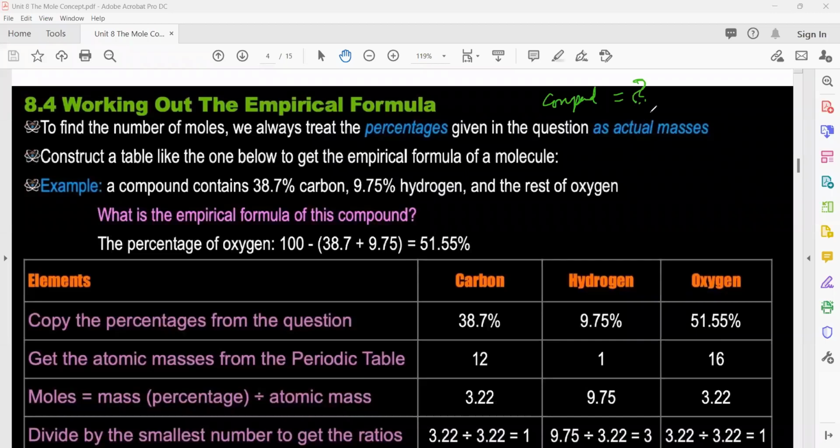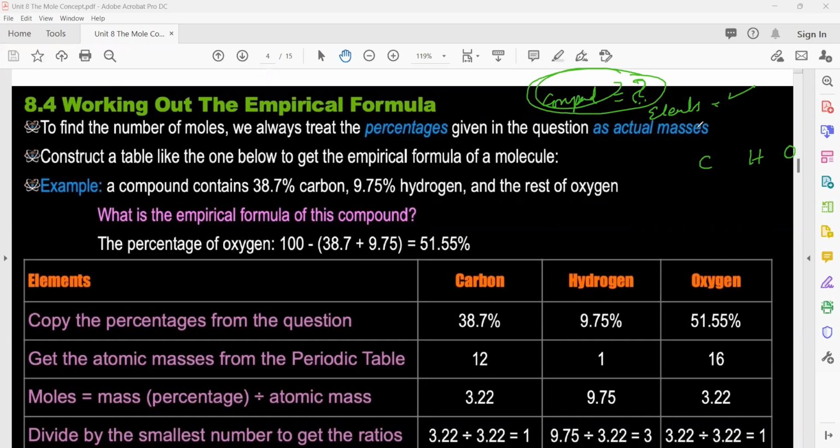But what they will tell you is the elements which are present there. For example, they will say there is a compound, but they will not give you the formula of the compound. But they will tell you, yes, there is a compound, it has carbon, it has hydrogen, and it has oxygen. So they are giving you a hint.